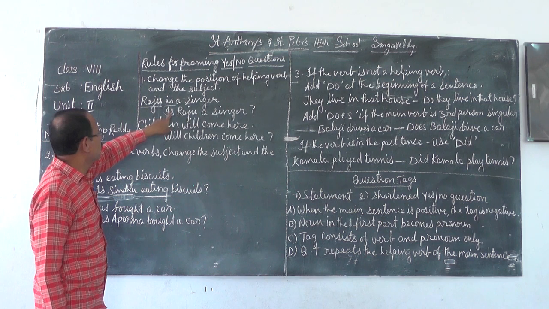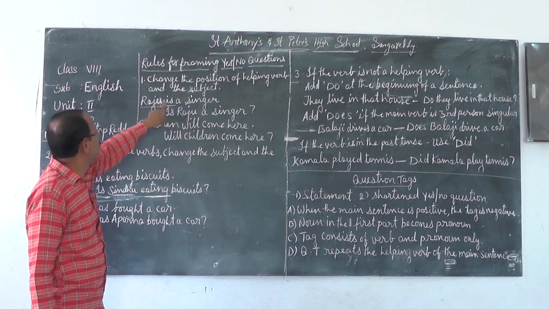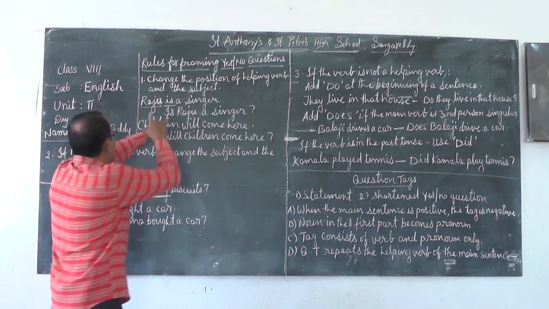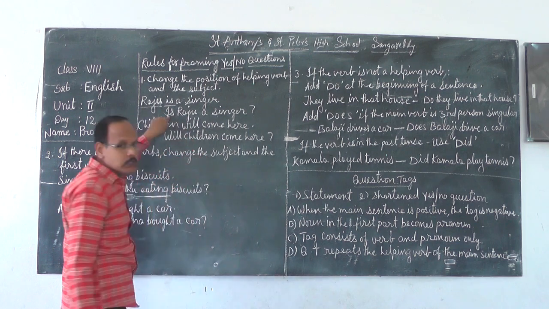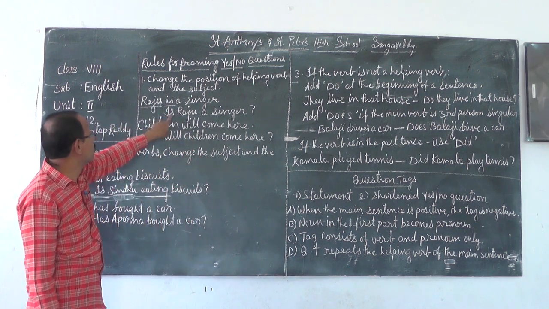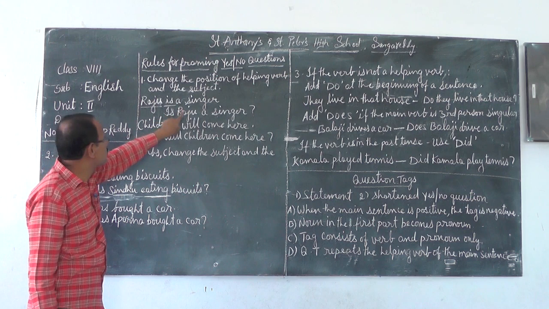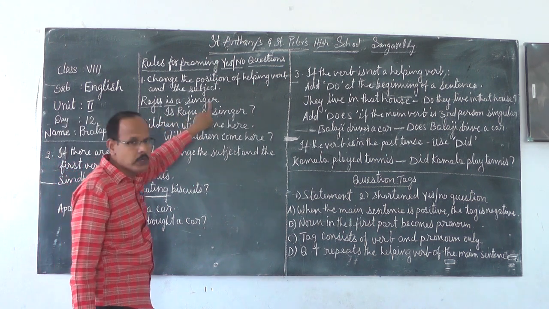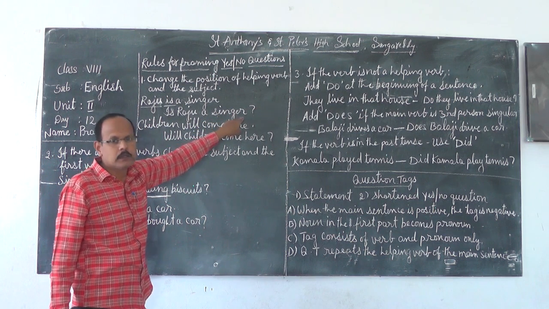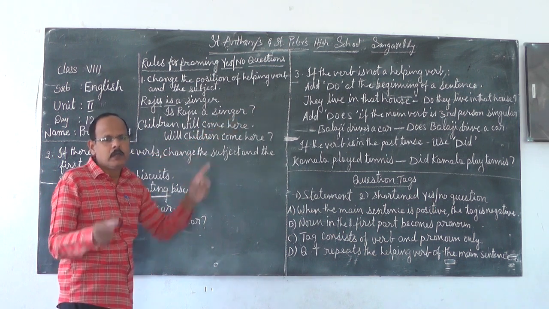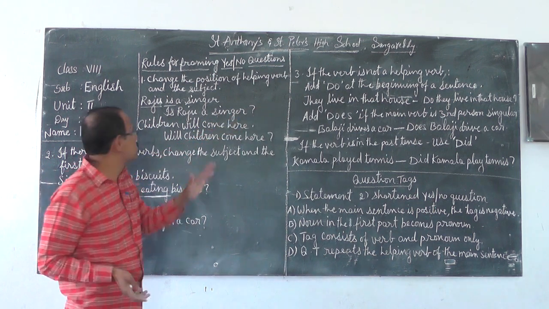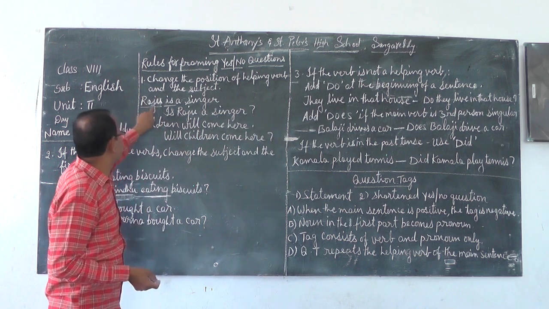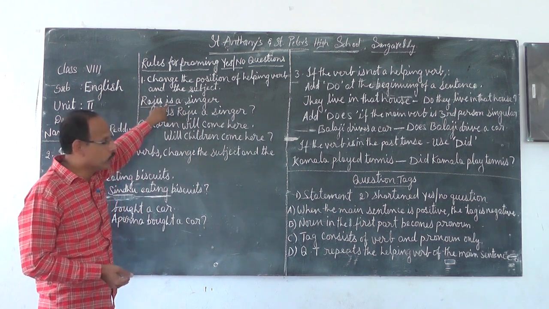So begin the question with helping verb. Helping verb is. Is Raju a singer? That is how we should frame the question, interchanging the position of subject and helping verb.